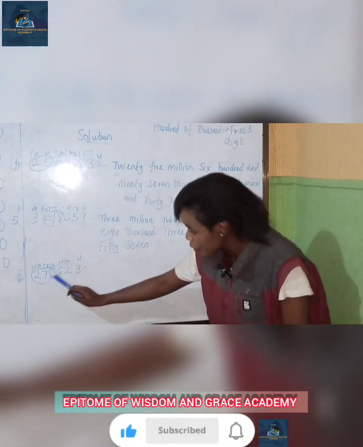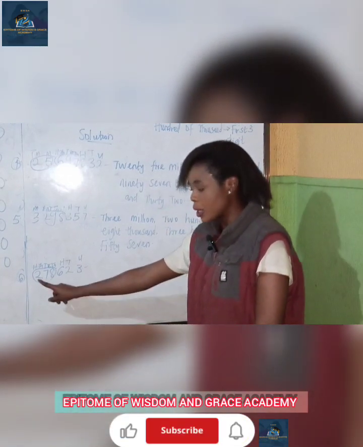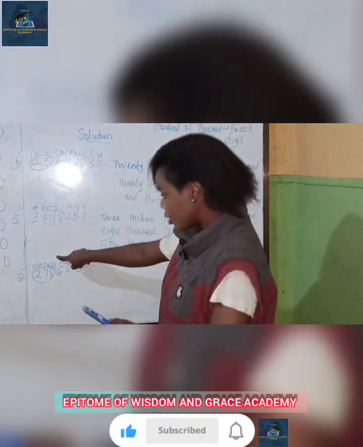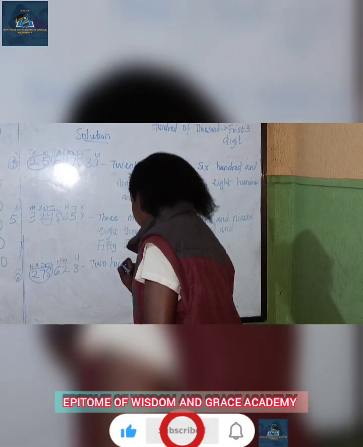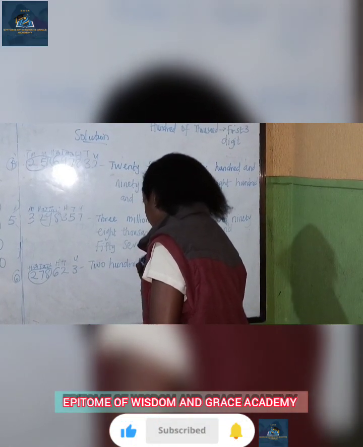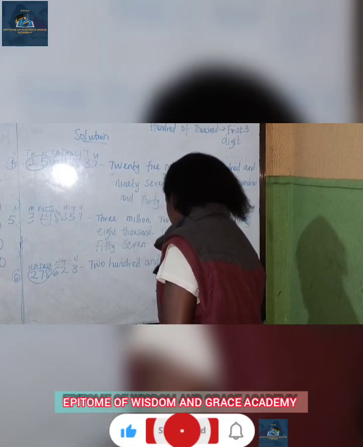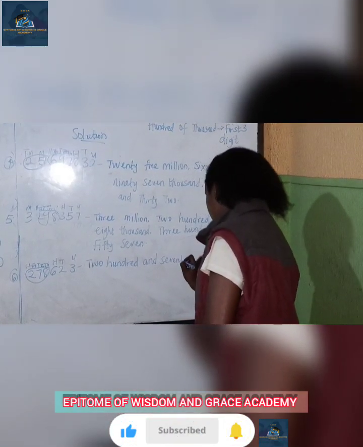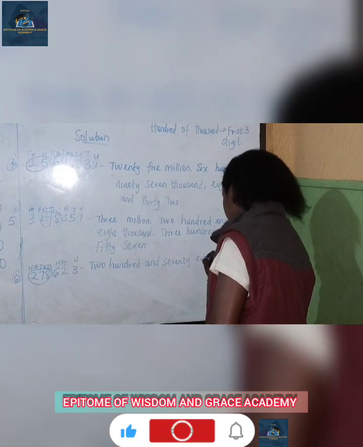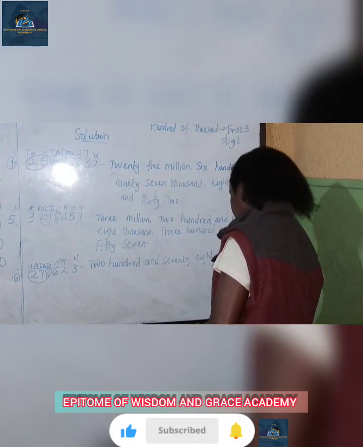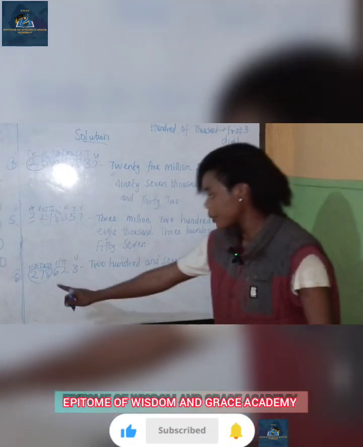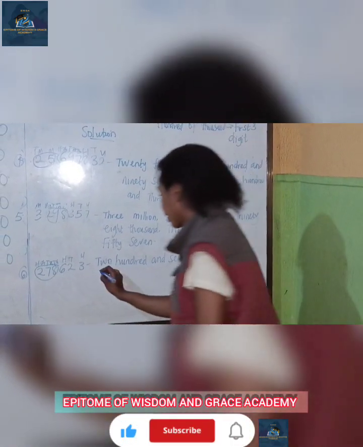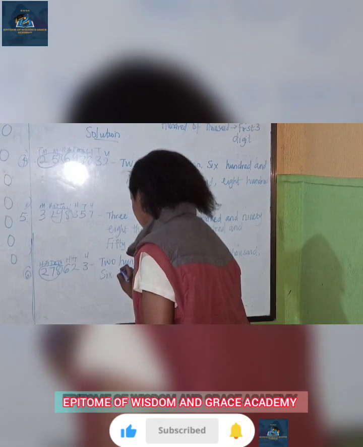That is 278. 278 is what? 278,000. Your next part, 623.